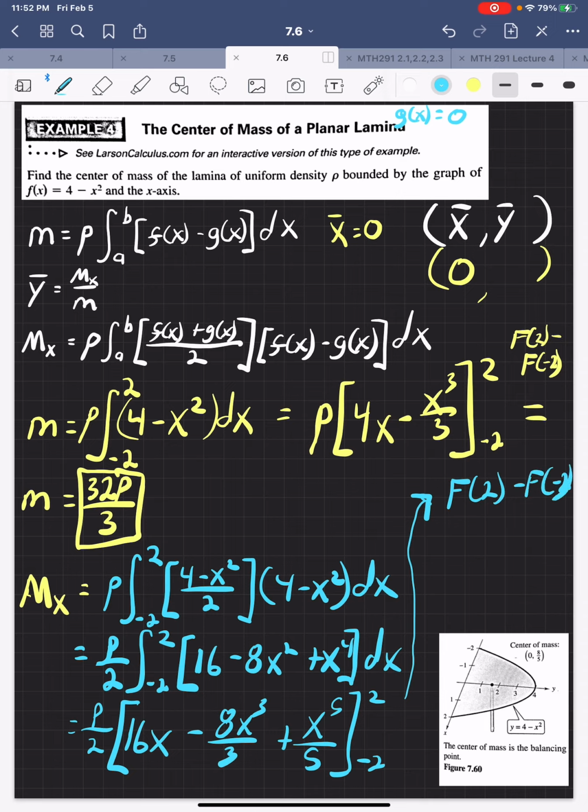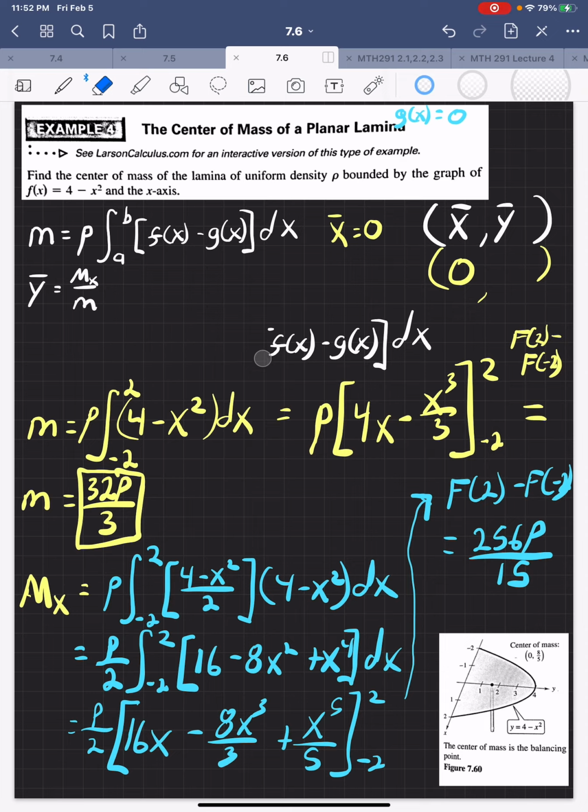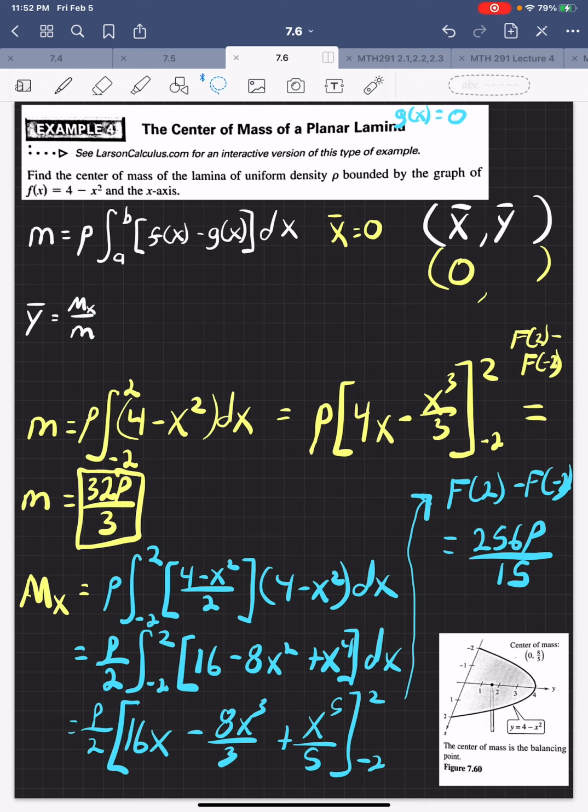We're just plugging in a 2 for x minus plugging in a negative 2 for x. And the result of all of that is 256 rho over 15. Okay. So I'm just going to free up some space by erasing this formula here. And then I'm going to go ahead and finish this problem up. That will conclude this section.